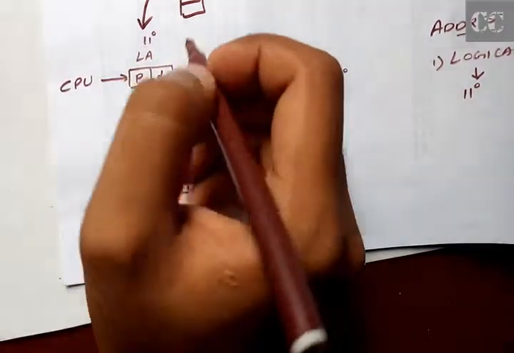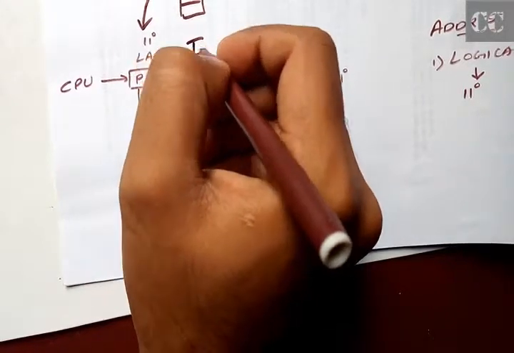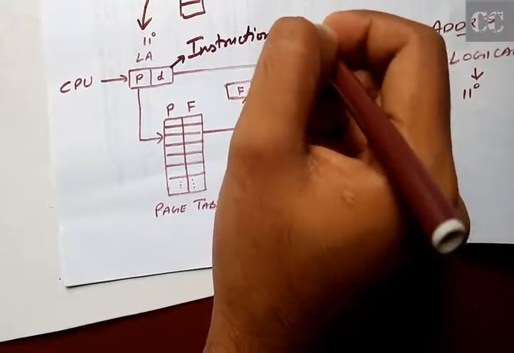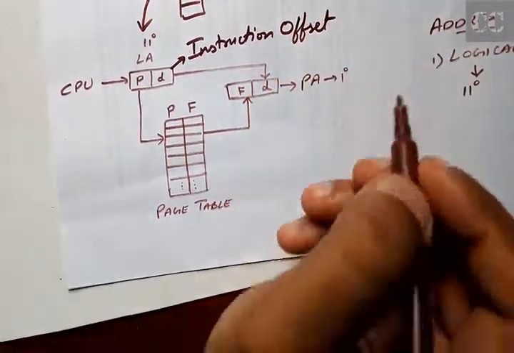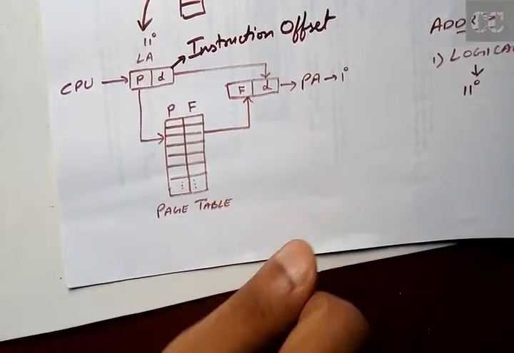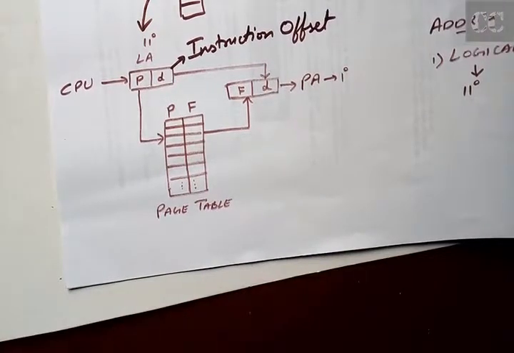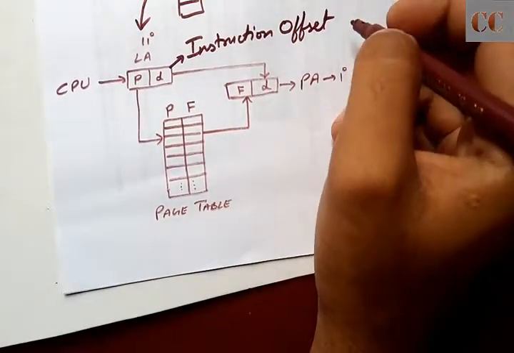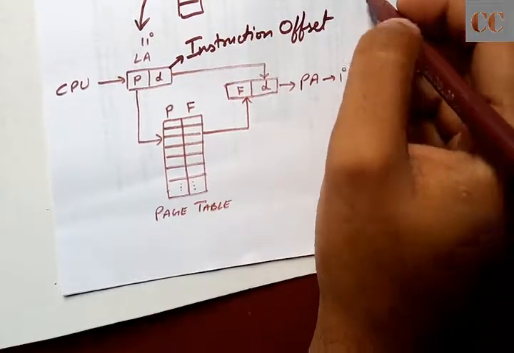Now D is the instruction offset. What is instruction offset? Let's say I give you a book and tell you, please go to page number 30 and read the second paragraph. That is very simple for you. You can directly go to page number 30 and read the second paragraph. Similarly, a process in a static situation is called a program.